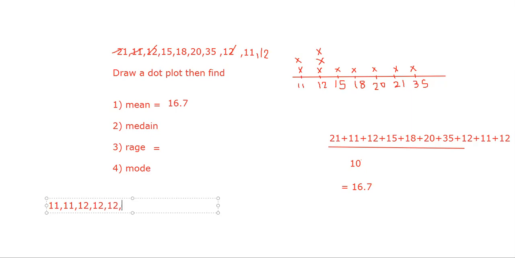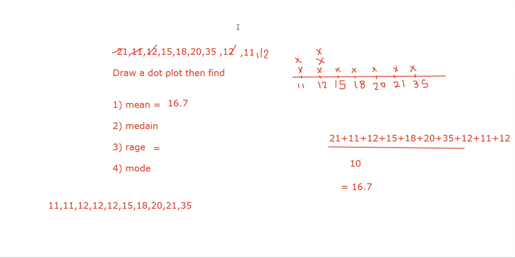And then we have 15, and then 18, 20, 21, and 35, right? Do you know how we can find the order of the median? How many numbers do we have here? 1, 2, 3, 4, 5, 6, 7, 8, 9, 10, right?